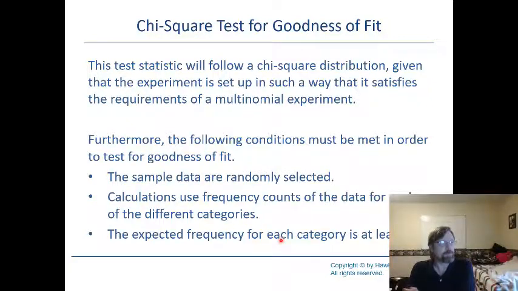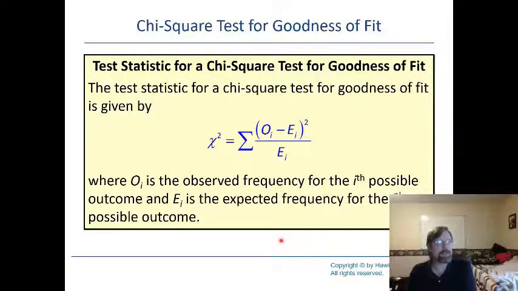All right. So my chi-squared statistic in this case is going to be the sum of the observed frequency minus the expected frequency, squared, over the expected frequency, the sum for each possible outcome.